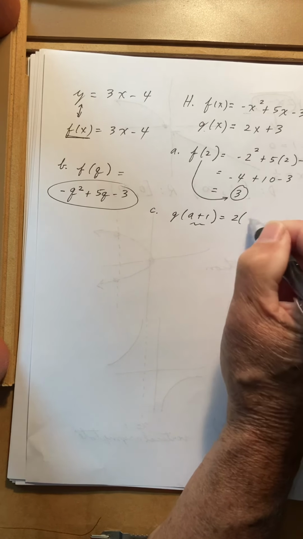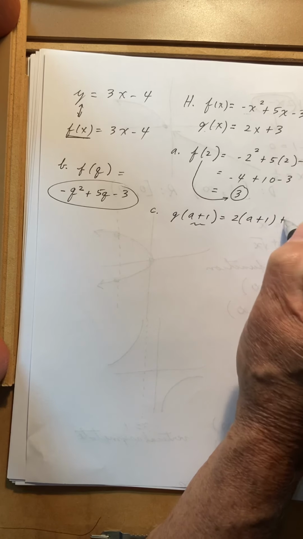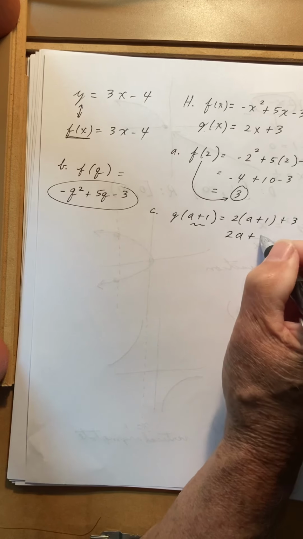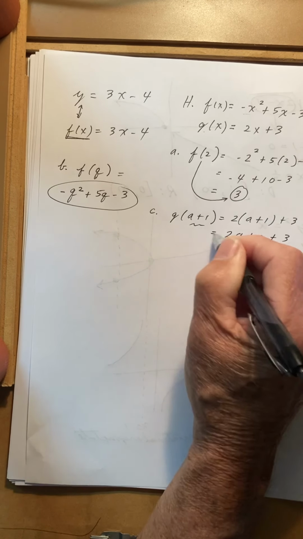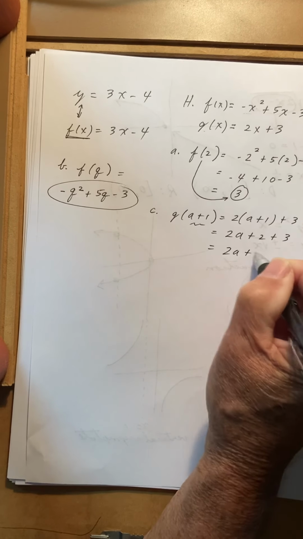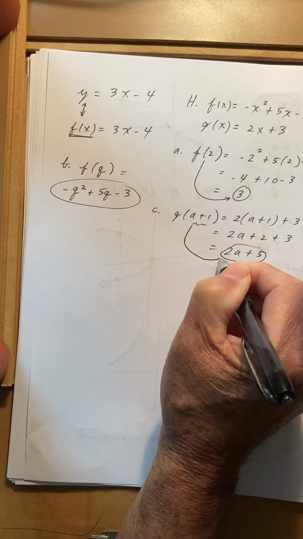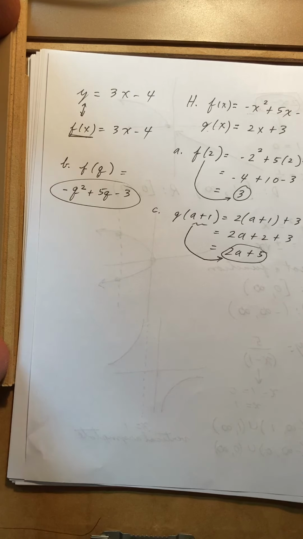So 2 times a plus 1 plus 3. We do need to simplify this, so that's 2a plus 2 plus 3, which gives you 2a plus 5. So g of a plus 1 is 2a plus 5.